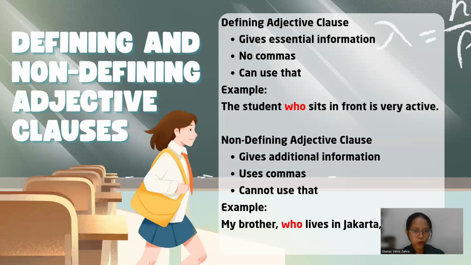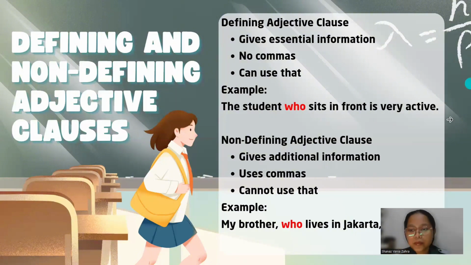The clause "who lives in Jakarta" only adds extra detail. Because the information is not essential, we use commas, and "that" cannot be used in a non-defining adjective clause. So the main difference is that a defining clause identifies the noun, while a non-defining clause only gives extra information.